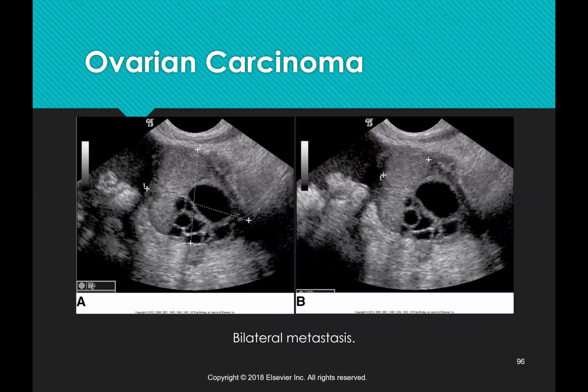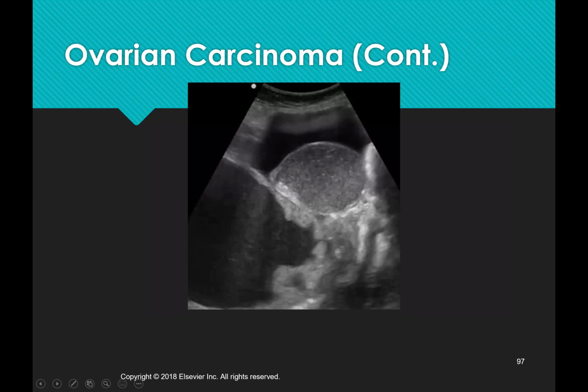These are a couple images of bilateral metastasis. This solid mass right there. You can see these little cysts, little thick septations here. This is all probably part of the carcinoma. Here's another large mass. There's a solid component.